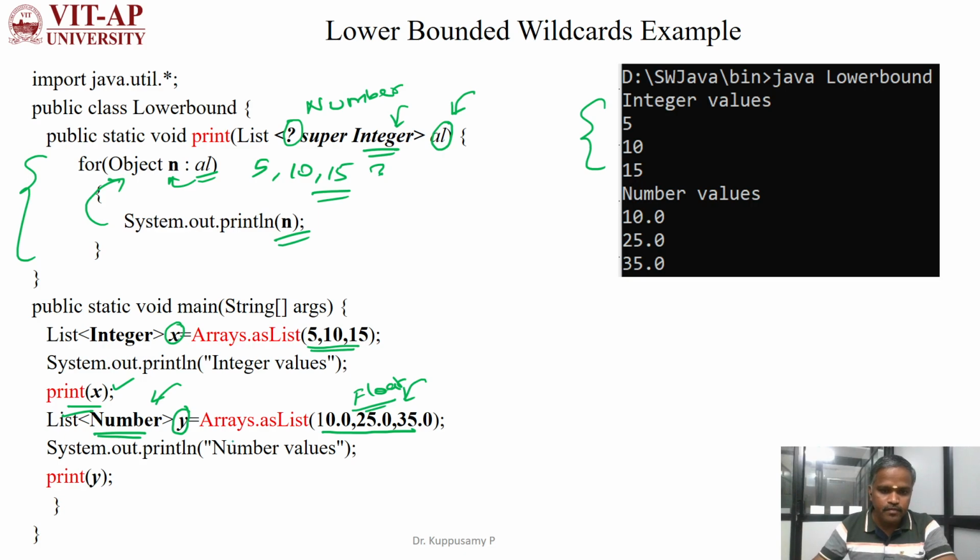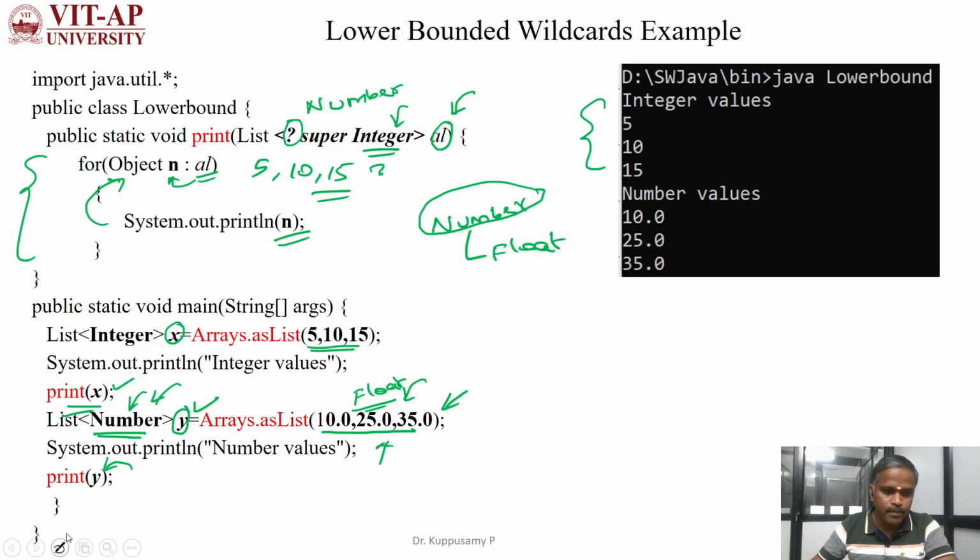These values are passed through the class object y, and the class here is Number. Number has Float as a child class, so when we pass the floating point values, Number uses the features of its subclasses. That's why y is carrying these values.